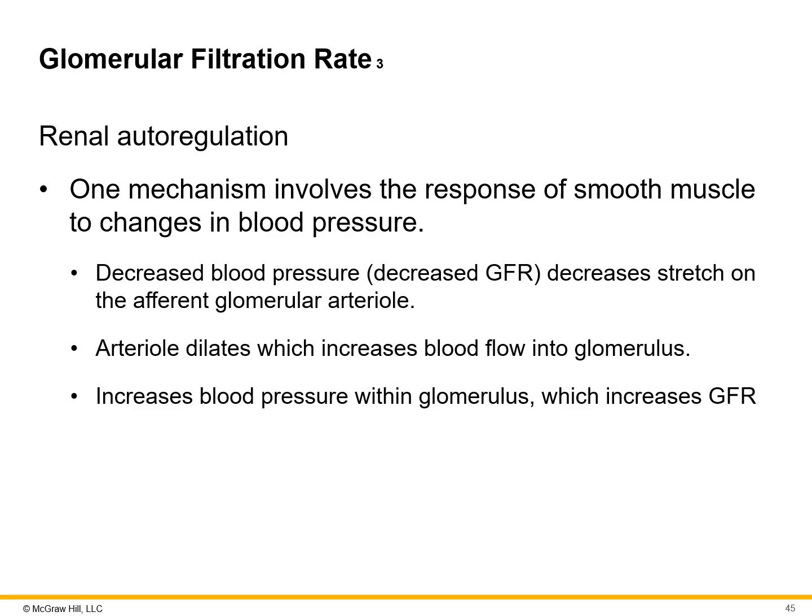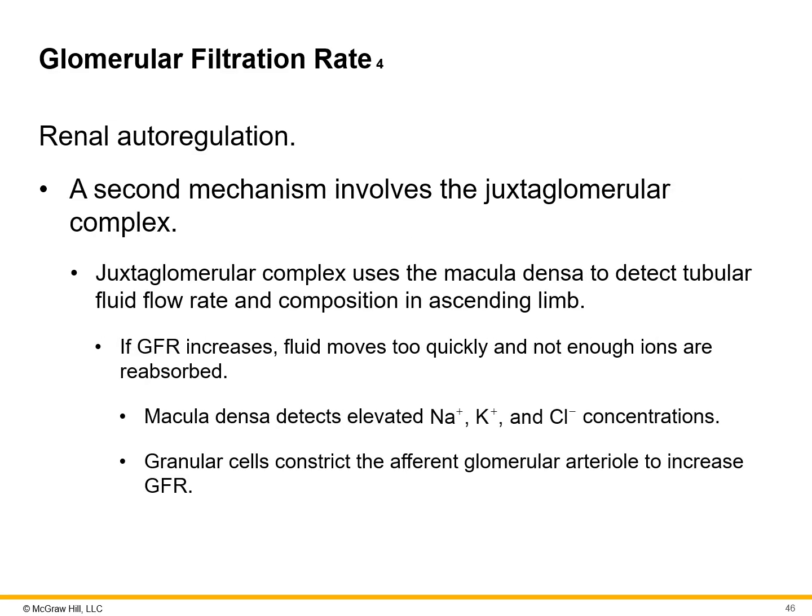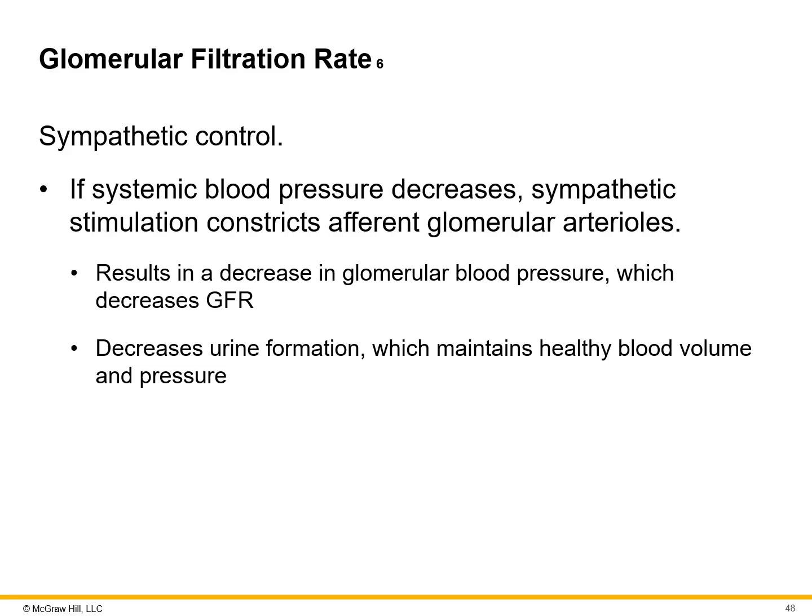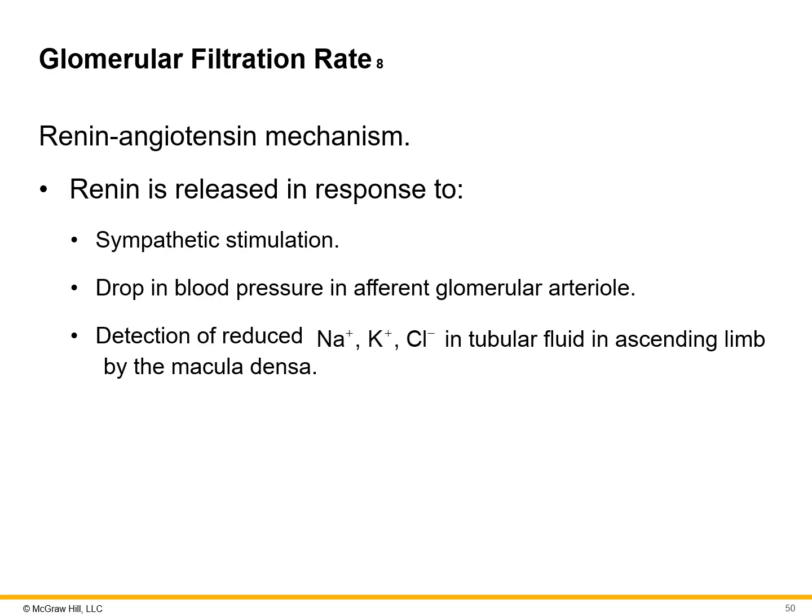Okay, we're going to keep going. We're going to go to slide 50. So when we're talking about the glomerular filtrate, the renin is released because you've got some sympathetic stimulation, you've got a drop in the blood pressure.